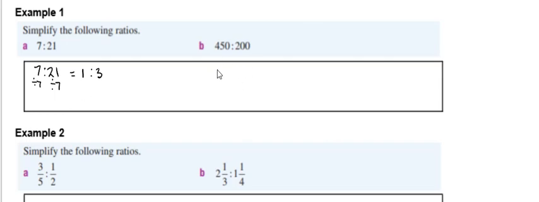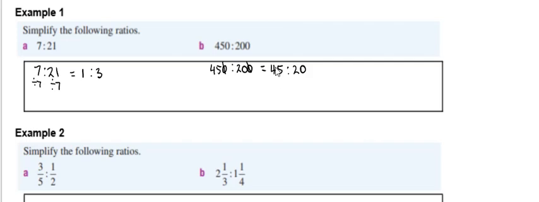Alright, let's do part B. We have 450 to 200. We can do this in a couple of ways; we don't have to do it all in one go. They both end in 0, so they can both be divided by 10. We cross off a 0 here and a 0 here, and our ratio becomes 45 to 20.